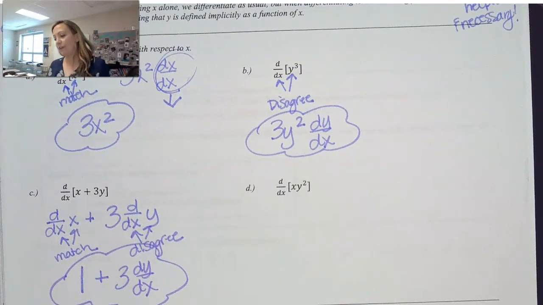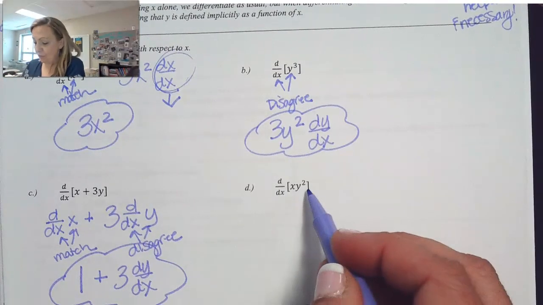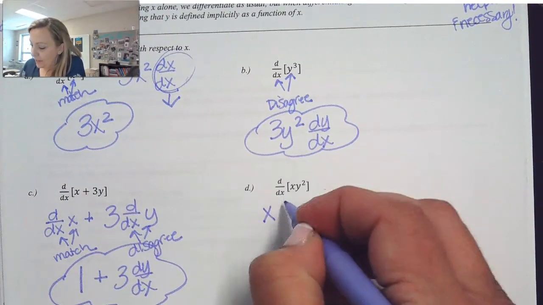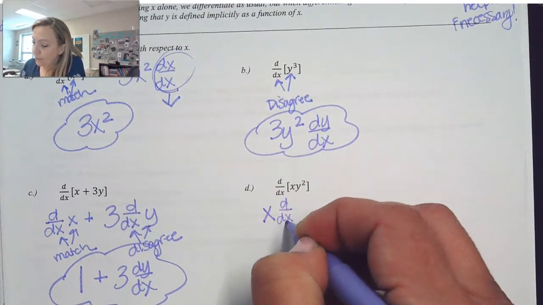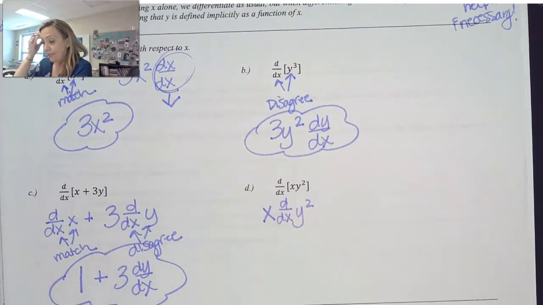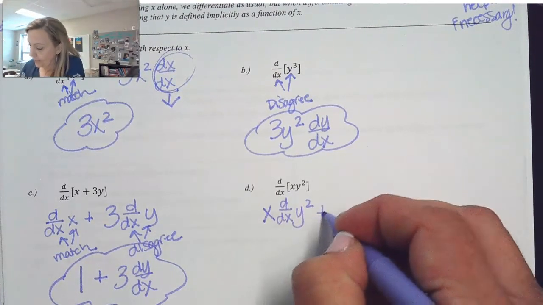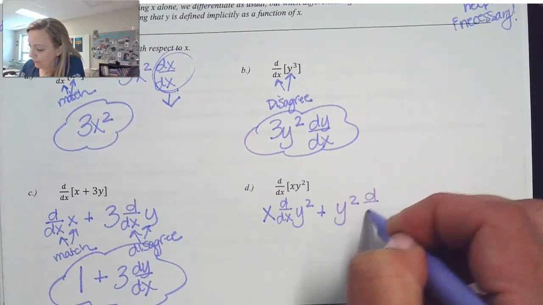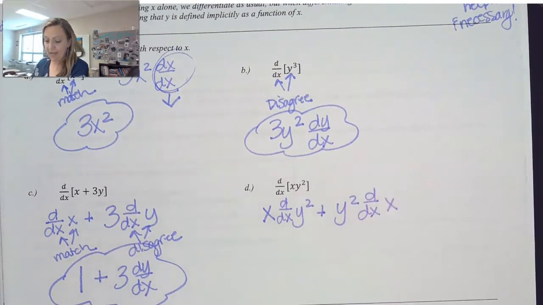If we're taking the derivative with respect to x of xy squared, we're going to have to use the product rule. So we know that we can take x times the derivative with respect to x of y squared, plus y squared times the derivative with respect to x of x.